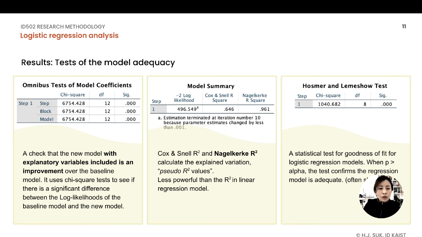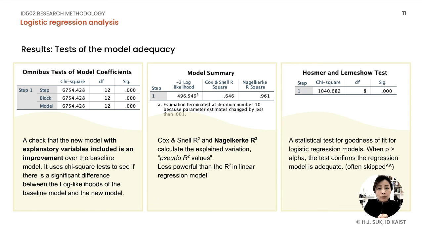And let's look into the model adequacy results. Among a lot of results, we can be interested in these three. The first one is the chi-squared value. This is saying that with the explanatory variables, there was a significant improvement.